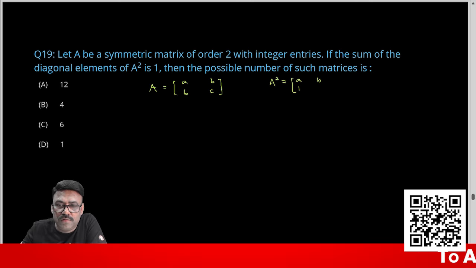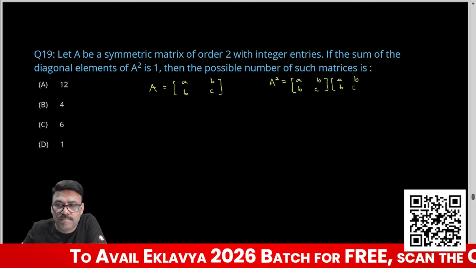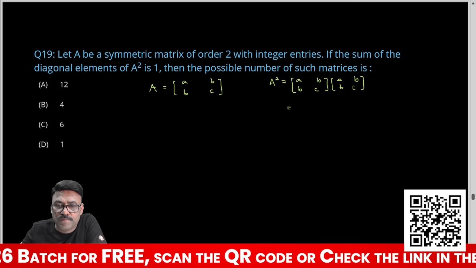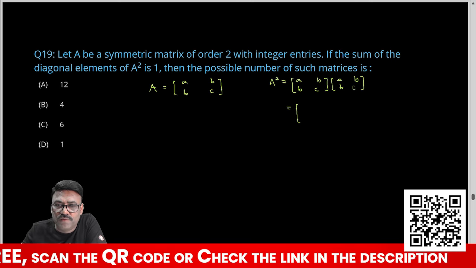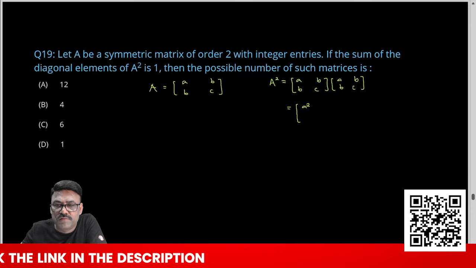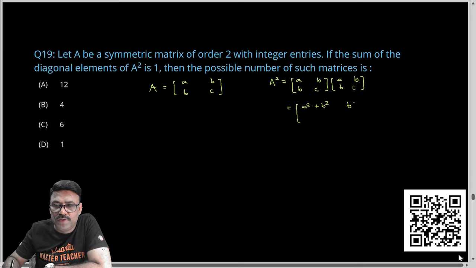Now A square will be what? Multiply A with A, rows AB, BC and again AB, BC. Just multiply it. First row, first column, you get A square plus B square. First row, second column, AB plus BC, or B times (A plus C).